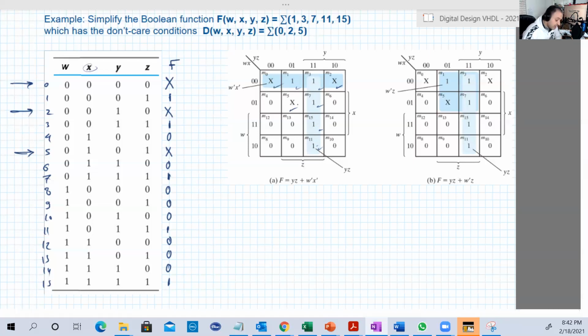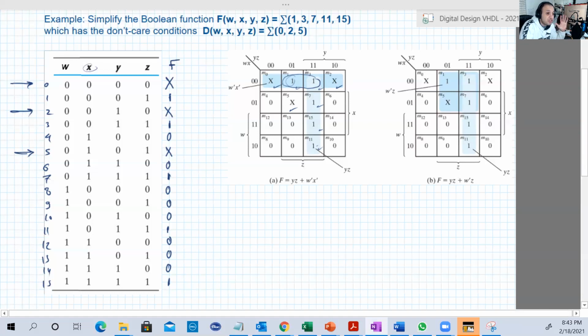Let's start with the isolated one, the one with fewer neighboring ones, which is that one here. In our regular way to solve this, we usually take this with that one.